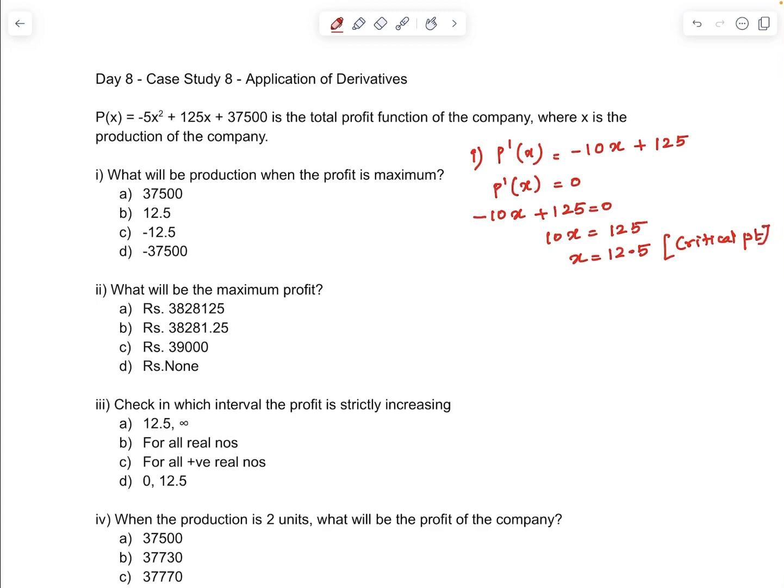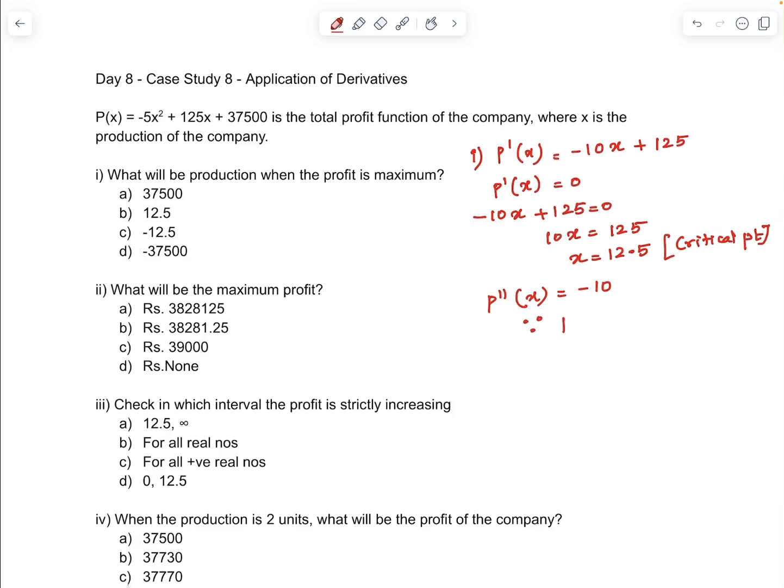So we have to figure out whether this is going to return a maximum profit. So to do that, let's get p double dash of x, which is equal to minus 10.